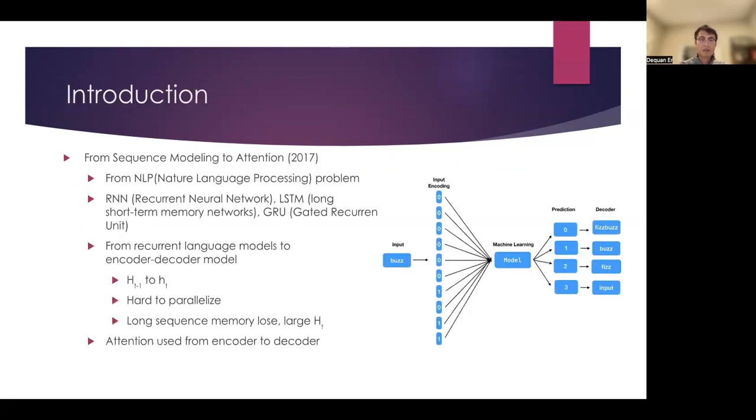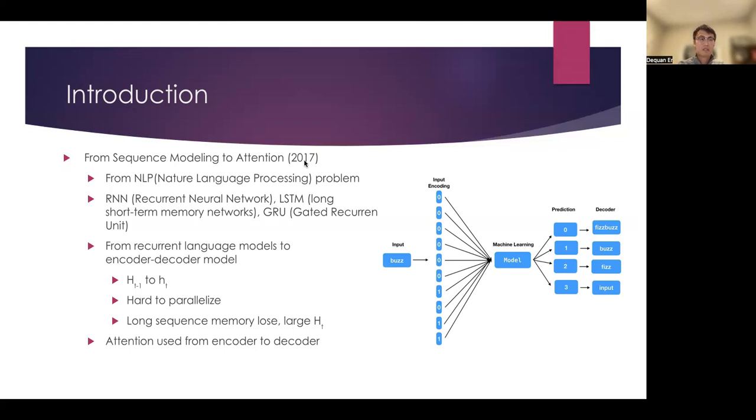All right, so first the introduction. Before the time of transformers, there were already many models like the RNN model, LSTM model, or GRU model. I guess most of you already know that. But why is this coming up? In 2017, a team from Google was doing it.